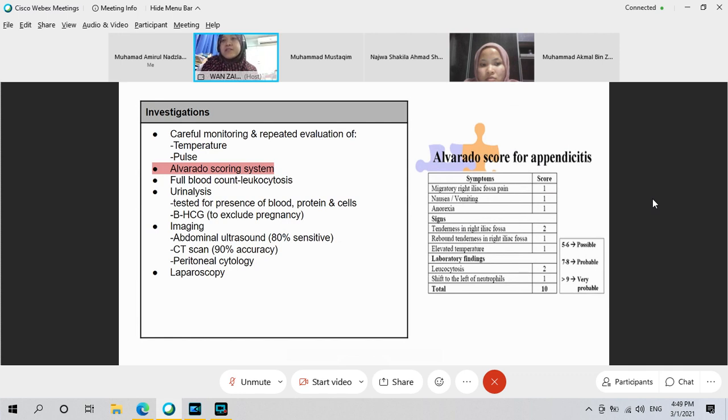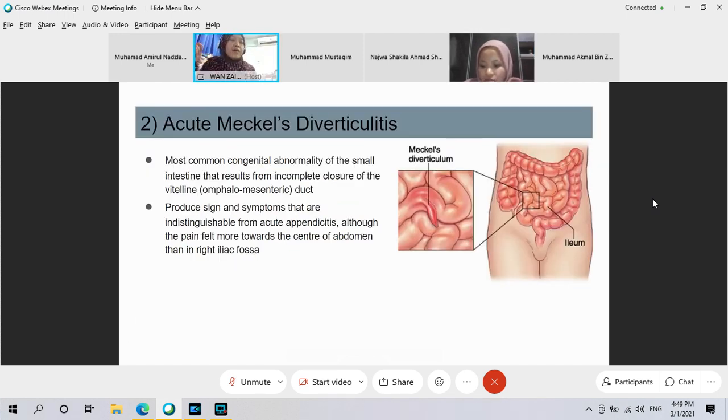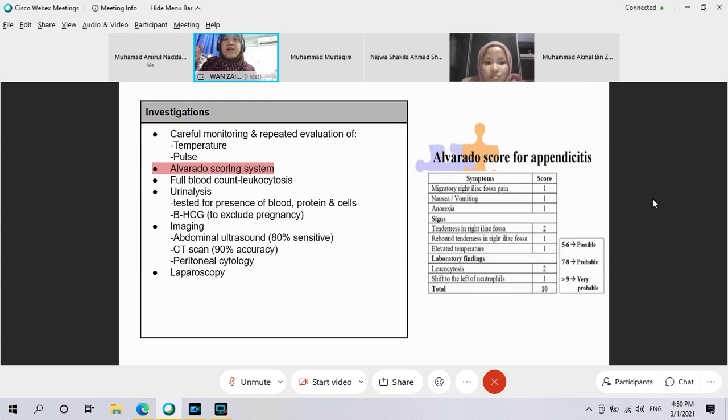Foregut, midgut, or hindgut? Midgut. So the appendix actually belongs to the midgut. That is why it recalls its embryological memory, which is the center, because of the midgut.